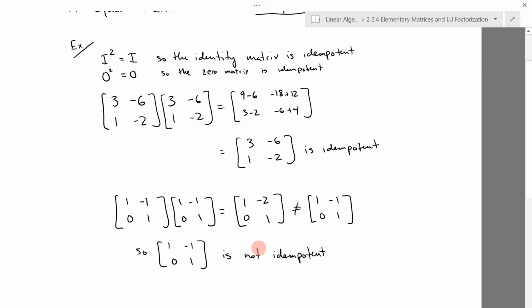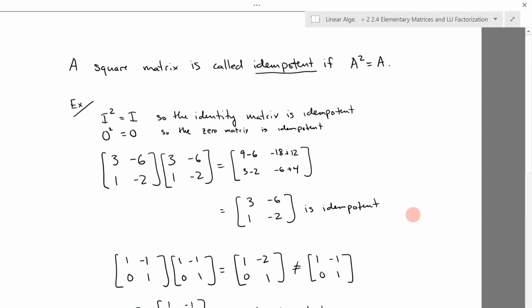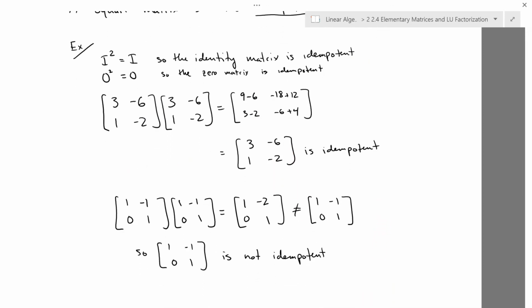So this is not idempotent. Okay, so you can try to play around with this a little bit and try to find other non-trivial 2 by 2 matrices that are idempotent. But again, most matrices are not idempotent.